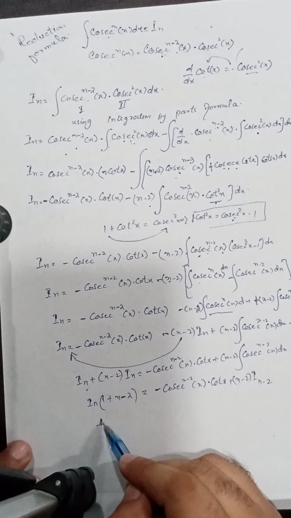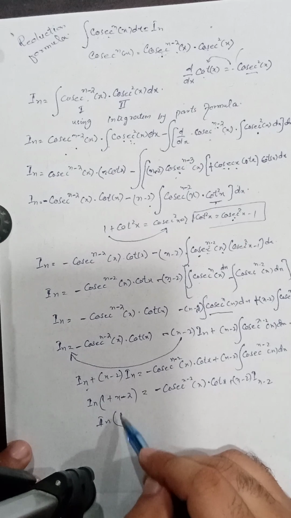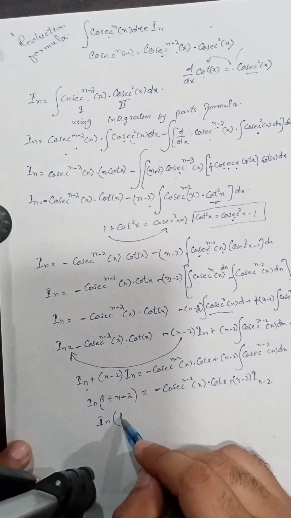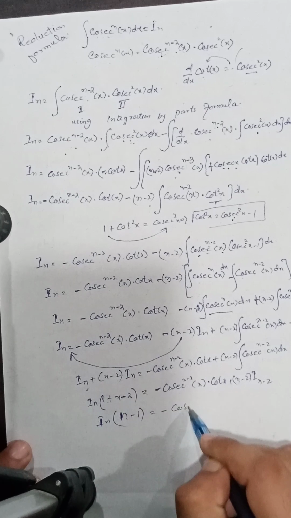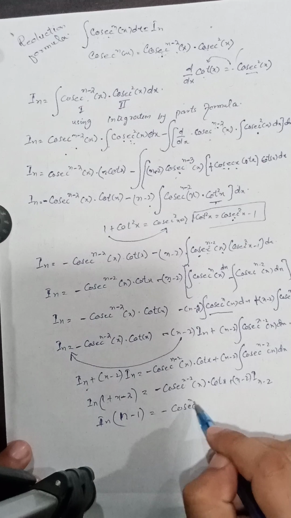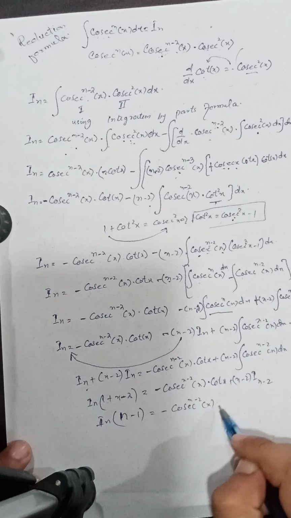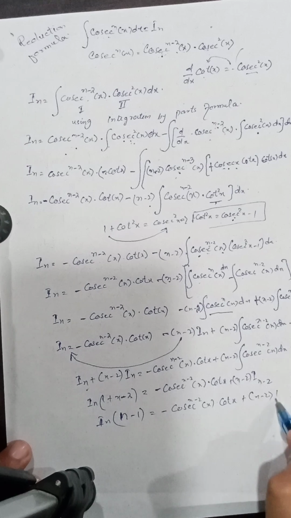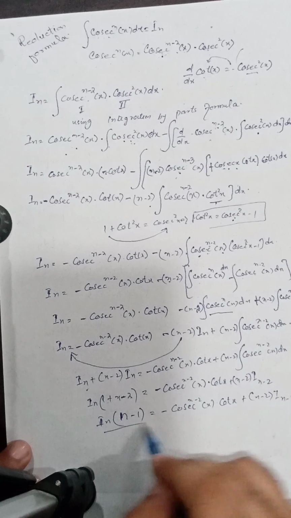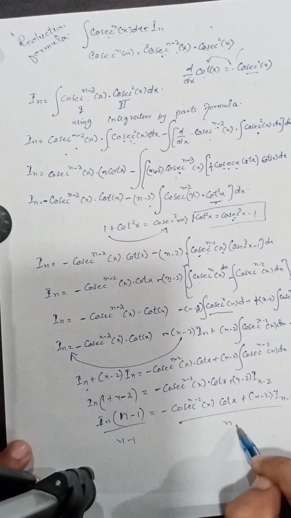So I_n: 1 plus n minus 2 is n minus 1, so (n-1) I_n is equal to minus cosecant^(n-2) of x cotangent of x plus (n-2) with the integral, dividing by n minus 1 on both sides.